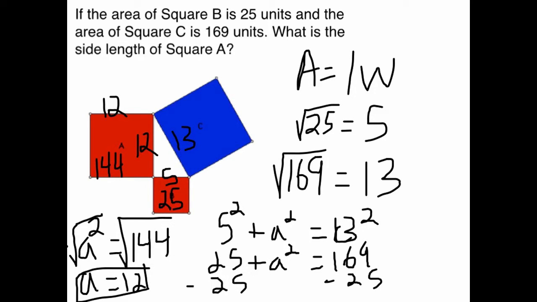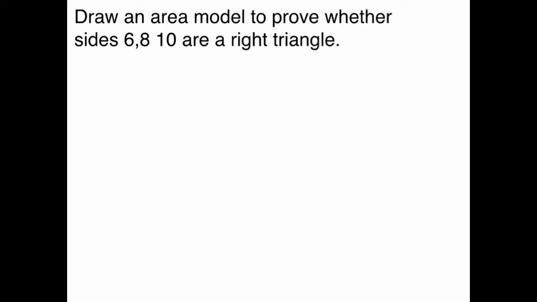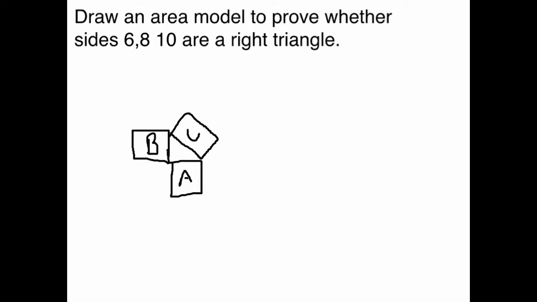All right, just another way to think about it. Let's do another example. Draw an area model to prove whether sides 6, 8, and 10 are a right triangle. The first thing I'm going to do is draw a very rough area model. This will be A. This one will be B. And these two together will form C. Now, something is only a right triangle if the Pythagorean theorem works.